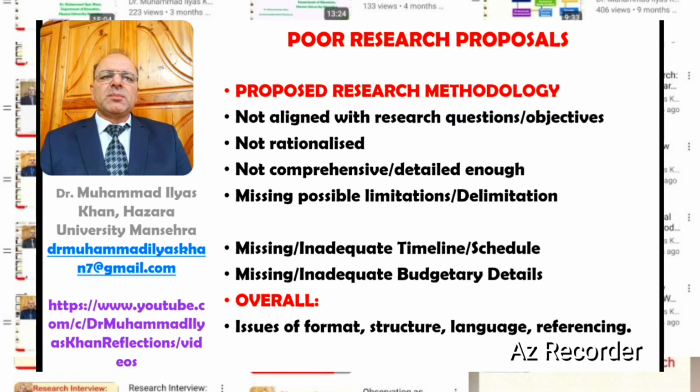Missing possible limitations of the methodological choices or the research methodology section, and lack of delimitation, mentioning the boundaries of your research, if that is missing, again, that's a weaker point of research proposals.